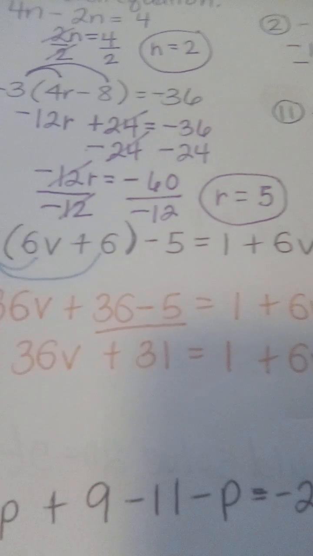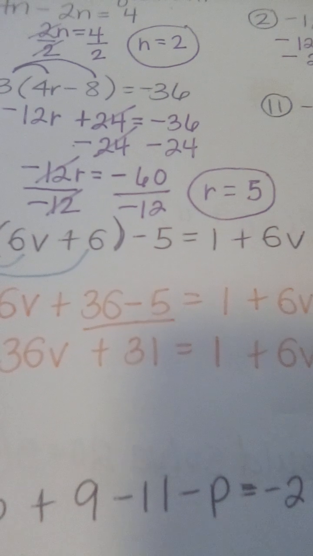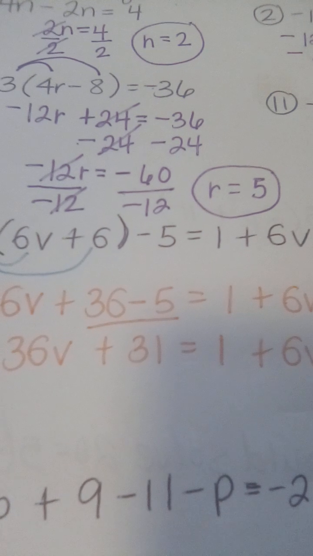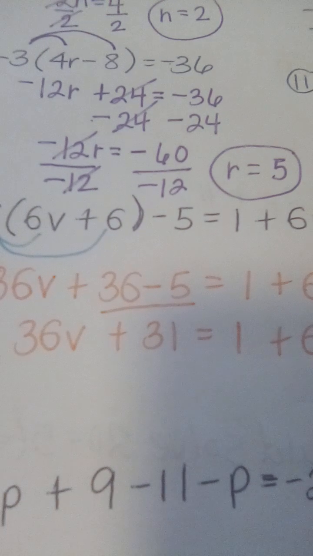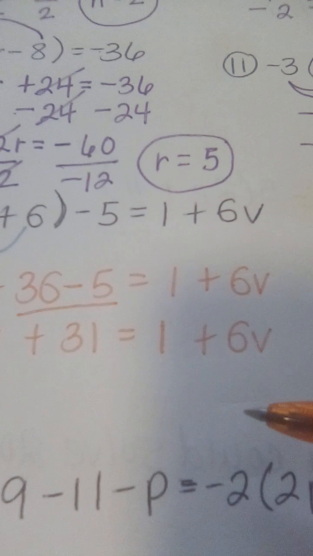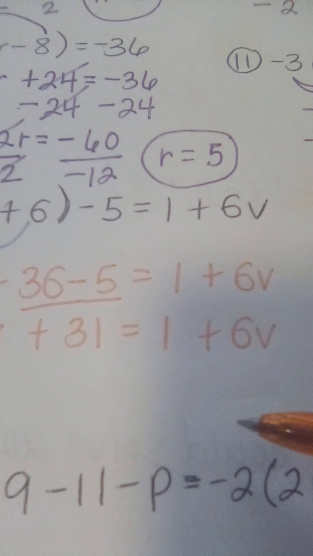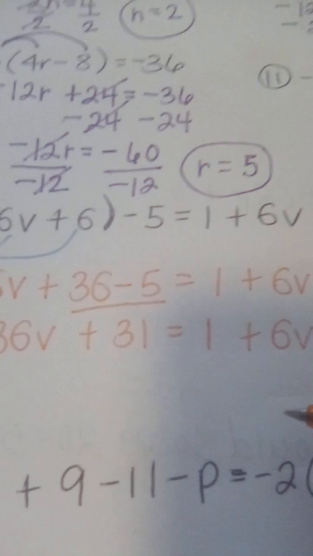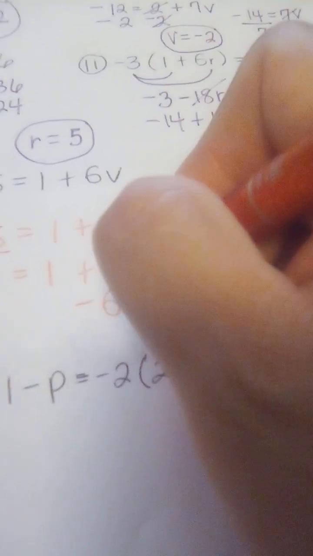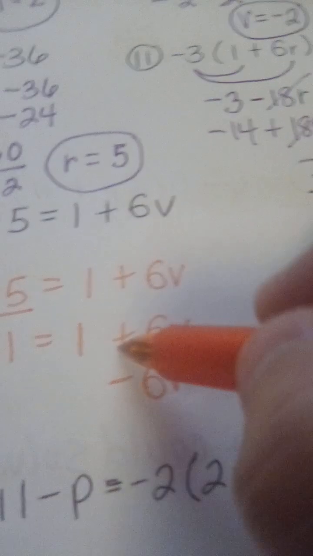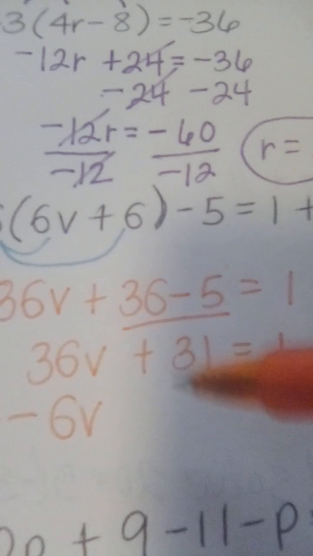All right. Let's do the variables together first. Do we subtract 36v or subtract 6v? We subtract 6v. Very good. This will cancel out in entirety. Now we have this part.